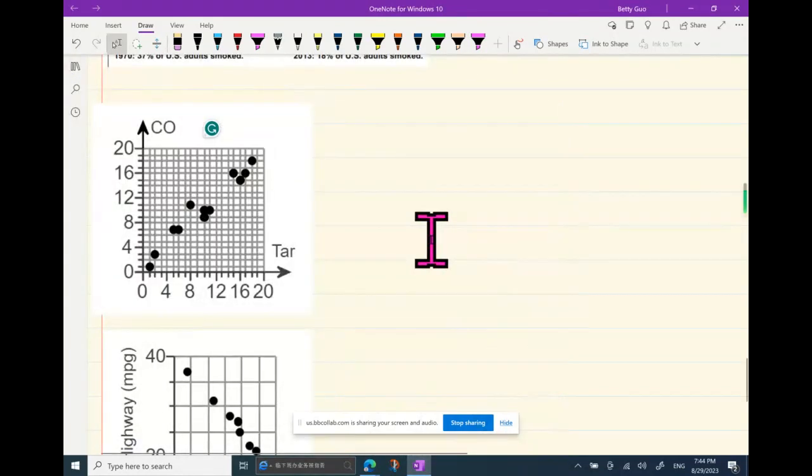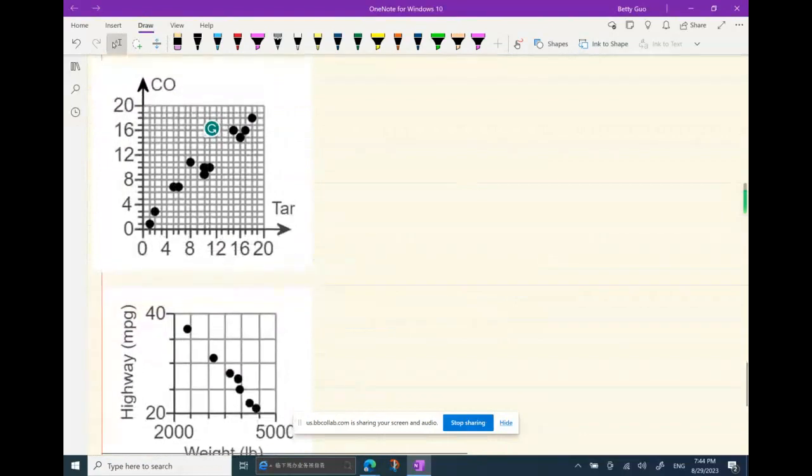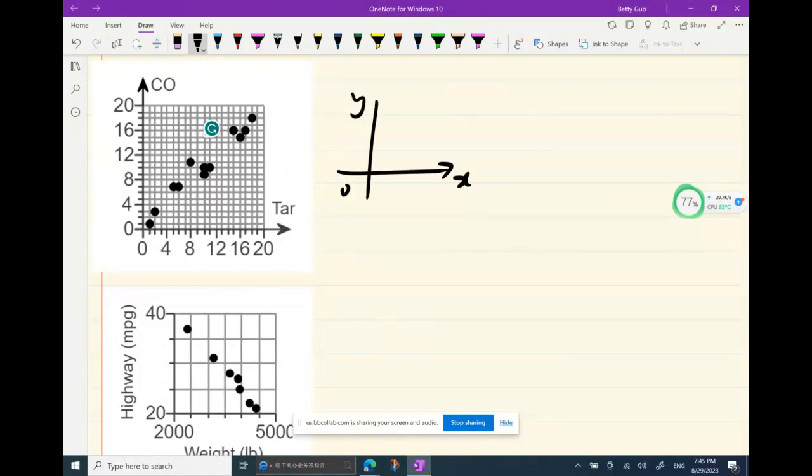So scatter plot is a good tool to show if there is a correlation between two variables. Those are scatter plots. They are two-dimensional graphs, and you just see a bunch of points. We know a point in a rectangular coordinate system, the x-y plane, is defined as an ordered number pair, right? a, b or x, y.